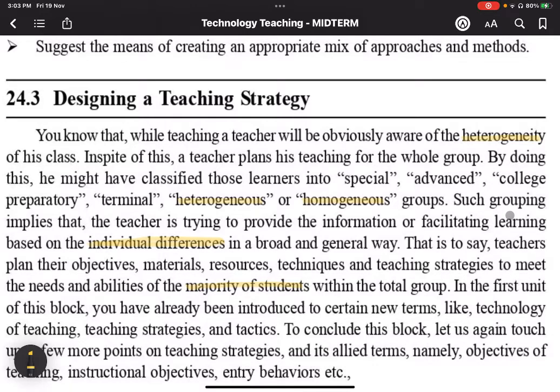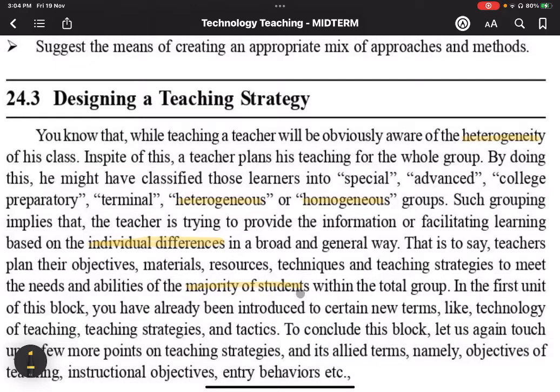And that is, although hindi naman yun ang first step, that is one of the determining factors in designing a specific teaching strategy, by taking into account the individual differences in your class. That is to say, teachers plan their objectives, materials, resources, techniques, and teaching strategies to meet the needs and abilities of the majority of students.